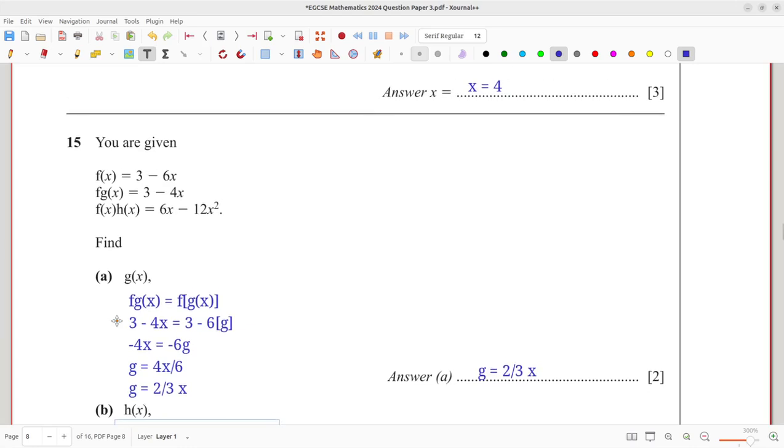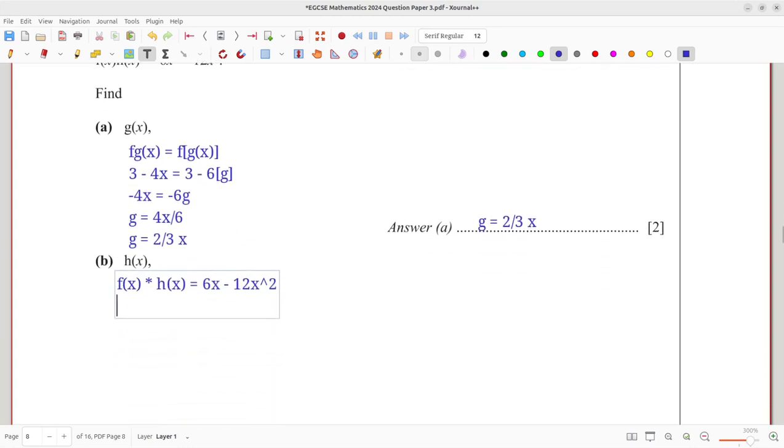And then what was your f? 3 minus 6x. So put this in brackets, 3 minus 6x times h of x. This is actually equals to 6x minus 12x squared.